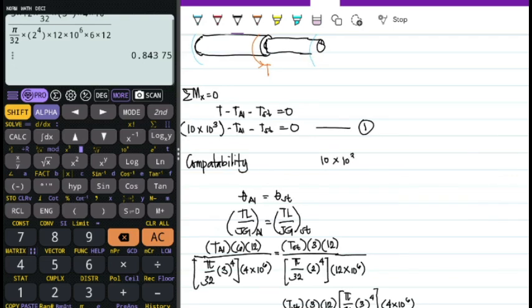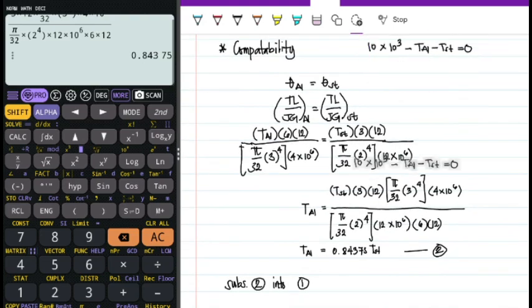So let me just copy. That's 10 times 10 to the power of 3 minus T_AL minus T_ST is equal to 0. And bring all of that at the bottom.